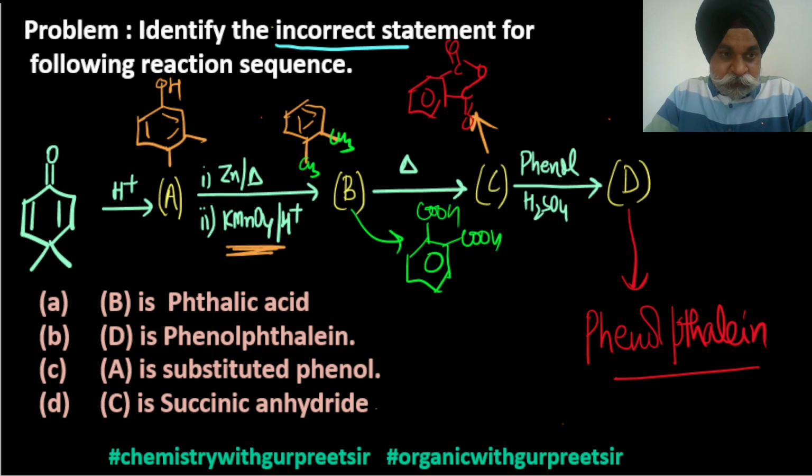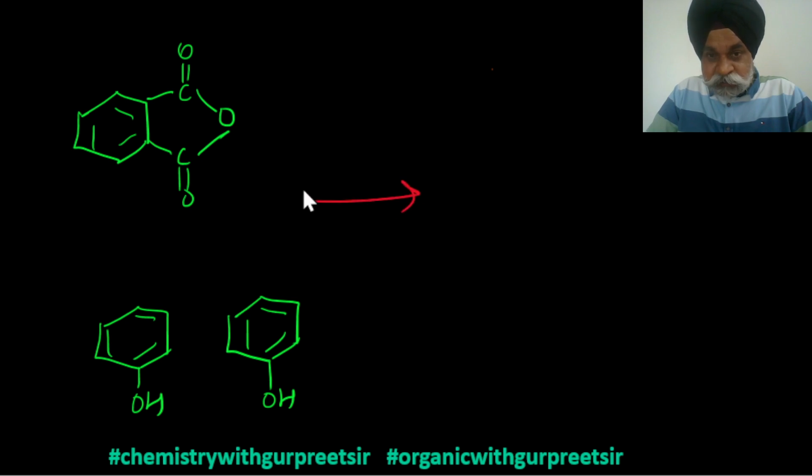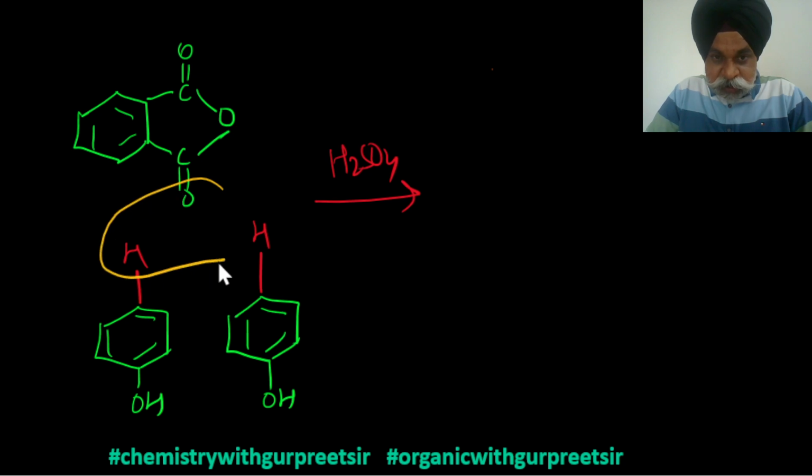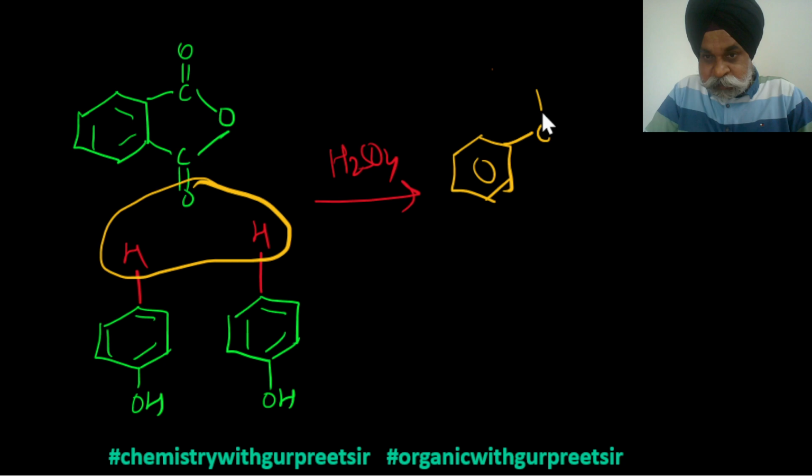If in case you are not recalling, you can remember it like this. Somewhere later on, we will be discussing the mechanistic viewpoint of this also. If you have this phenol, just treated with concentrated sulfuric acid, and here I'm just writing the shortcut, the compound which we receive here is phenolphthalein.